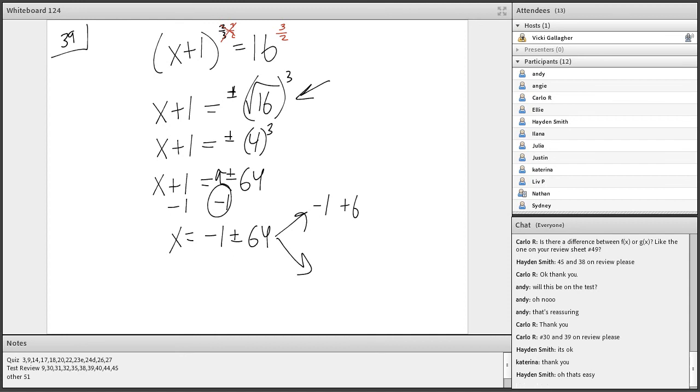Negative 1 plus 64 is 63, and negative 1 minus 64 is negative 65. Now, in this problem, there were no variables outside of the parentheses. All of my variables were contained inside of the parentheses. So honestly, I don't have to check my answers. Both of these should work. So 63 and negative 65 are the answers to this problem.